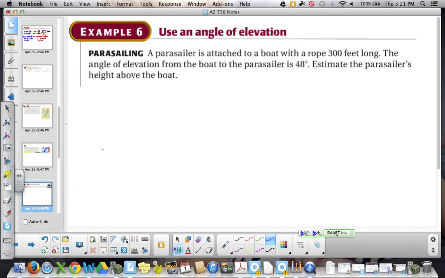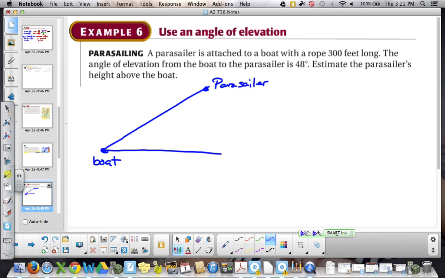All right, so if our boat is here, and our parasailer is up here, we have an angle of elevation of 48 degrees. And the rope we know is 300 feet long. And we're looking for the height above the water.